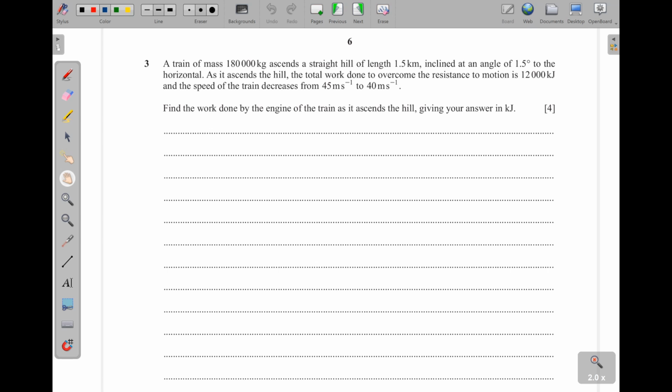Then find the work done by the engine of the train as it ascends the hill, giving your answer in kilojoules. In mechanics, we have to master the art of drawing.